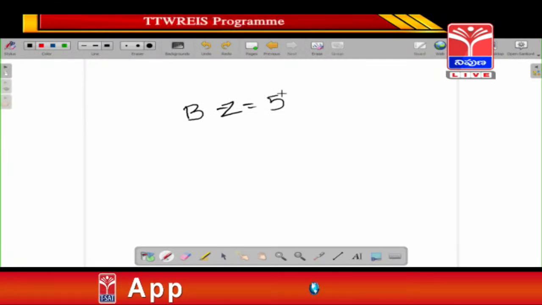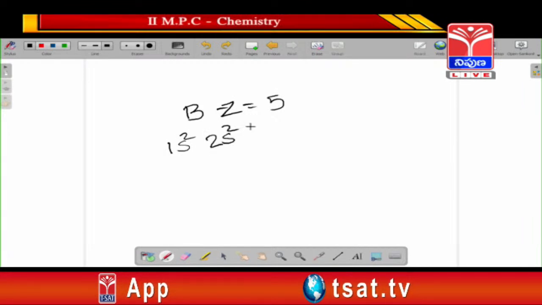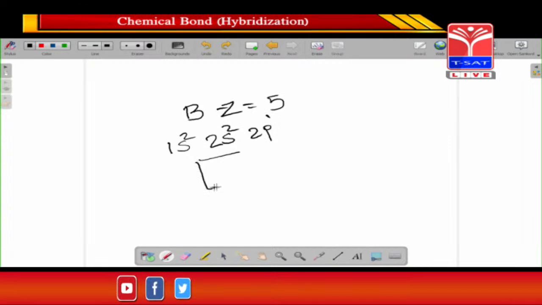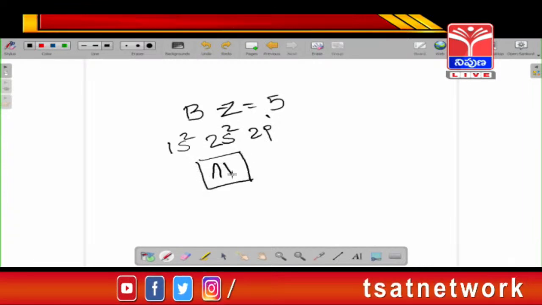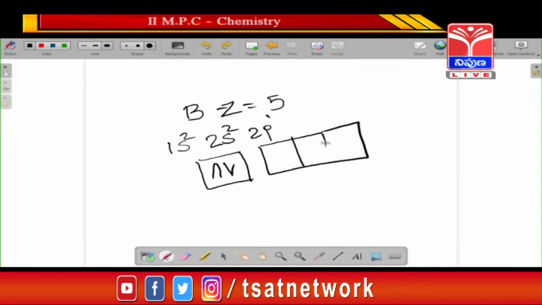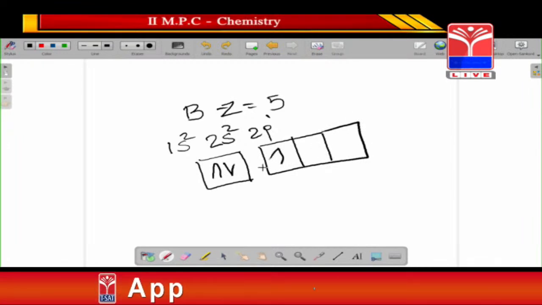The configuration of boron is 1s2, 2s2, 2p1. So the p orbital has only one electron.